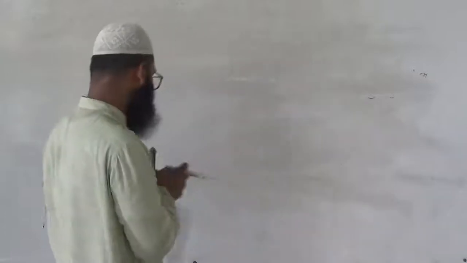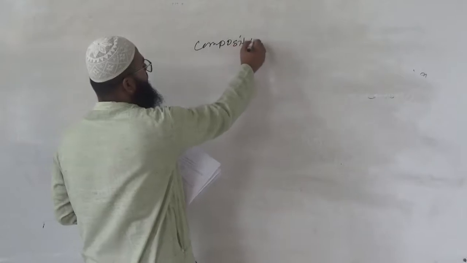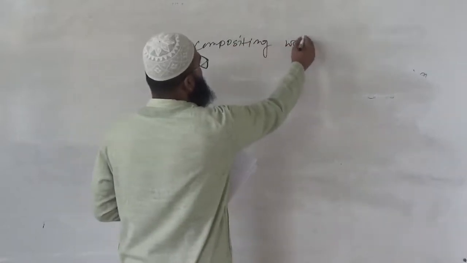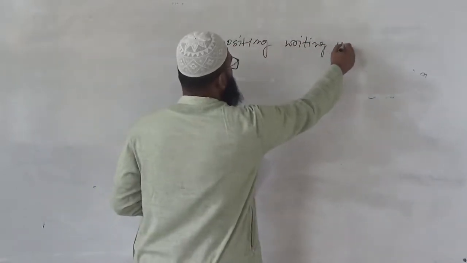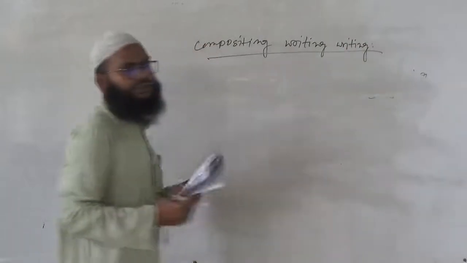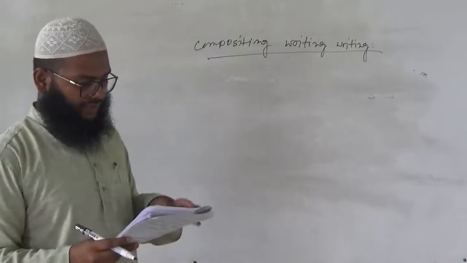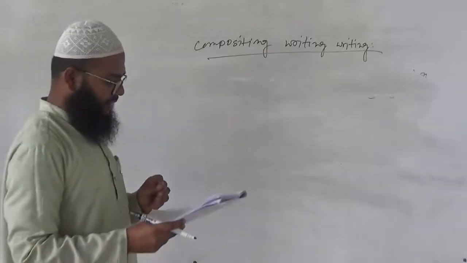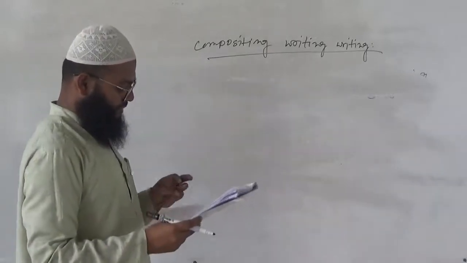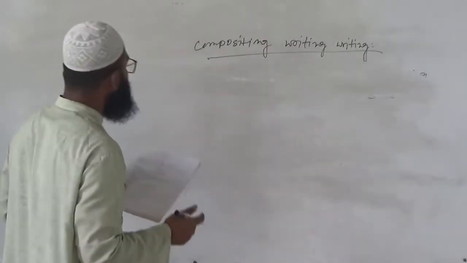Then come to composition writing. In composition writing, there are 10 types of questions, and you will get not 10 but a few items, 4 or 5 items, selected from these topics.